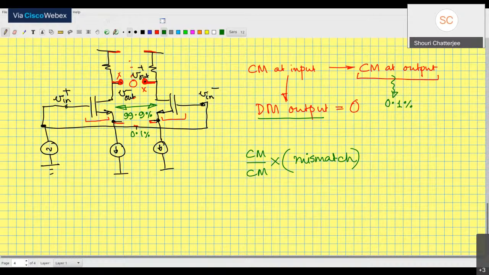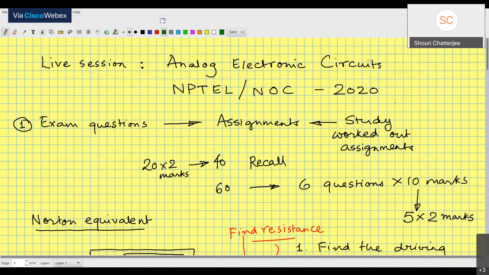Which areas we need to focus more on from an exam point of view? As I said at the beginning of this session, focus on the assignment problems. NPTEL has told us that the way to set the paper is 40 marks of recall and 60 marks of questions. The 40 marks of recall is 20 questions, each of 2 marks. The 60 marks of questions is 6 questions, each worth 10 marks.